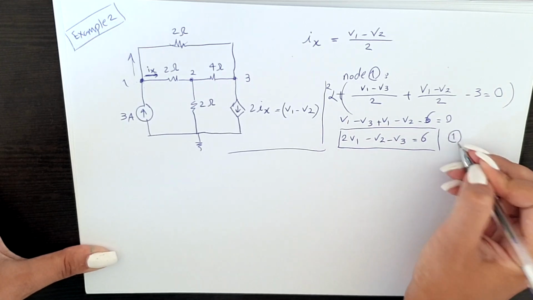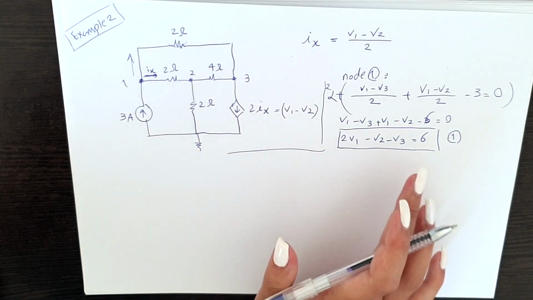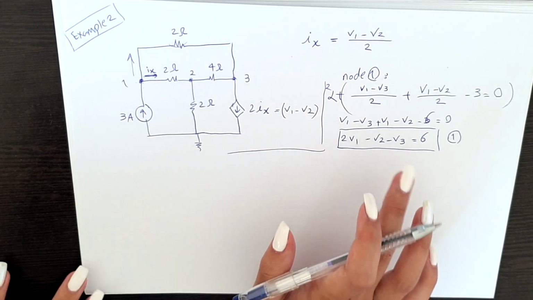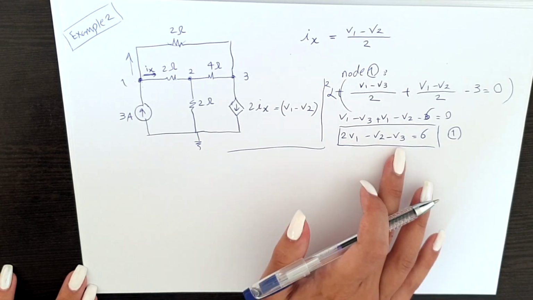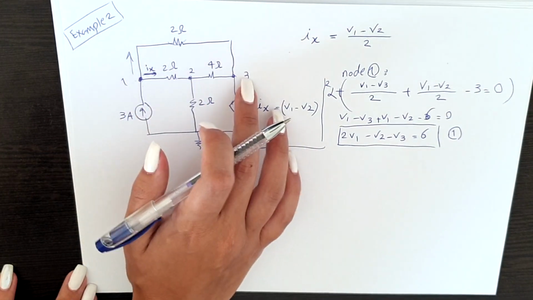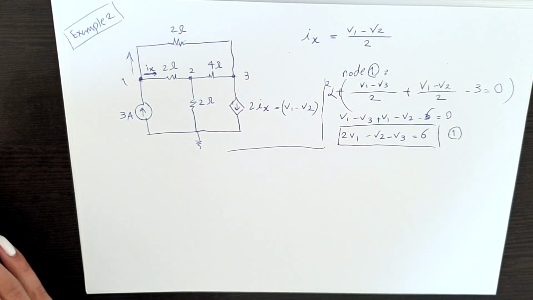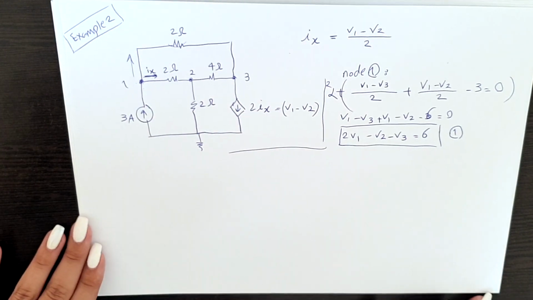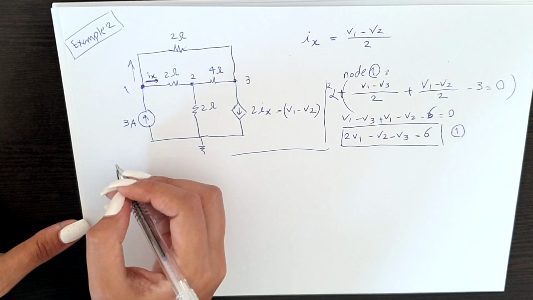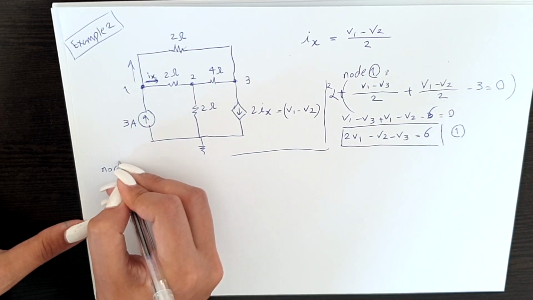Don't worry, you guys. I know we have 3 different variables in this question, V1, V2, and V3, but we also have 3 different nodes, so we can have 3 different equations as well, and then we can easily solve it with matrices. So I'm going to write the equations for node 2.